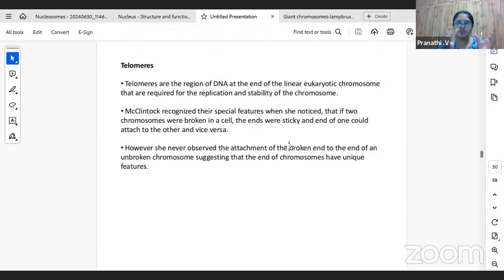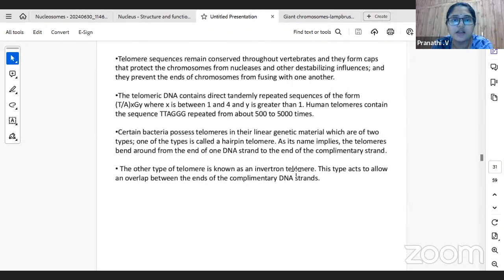So it showed that the ends of the chromosomes have unique features. In fact, she won the Nobel Prize, and she was the one who suggested jumping genes, Barbara McClintock. So telomere sequences are conserved throughout the vertebrates, and they form caps that protect the chromosomes from nucleases and other influences and prevent the ends of each chromosome from fusing with one another.